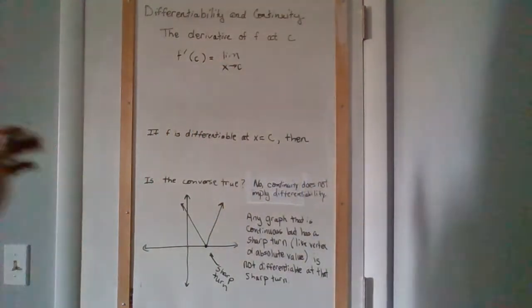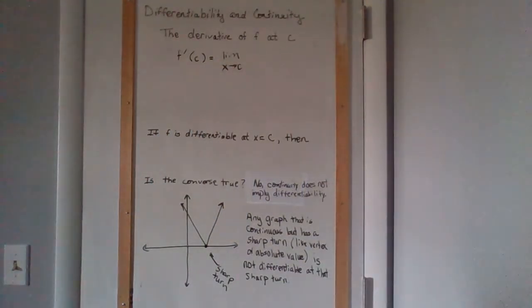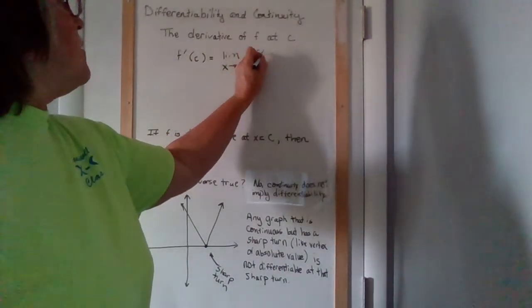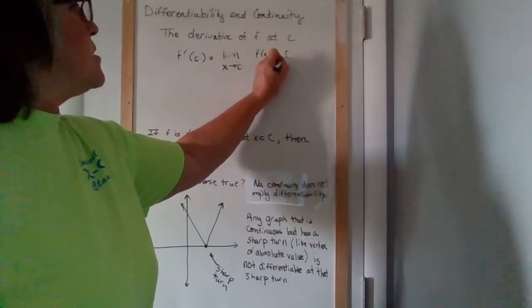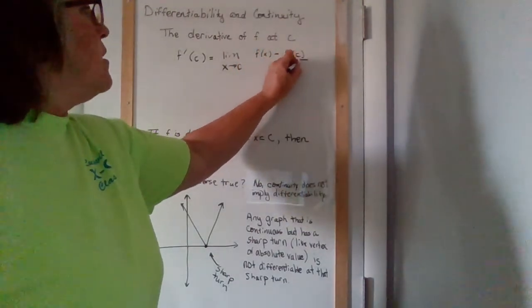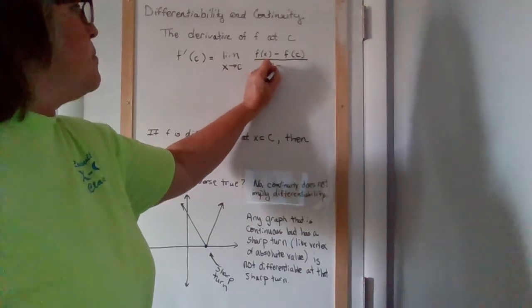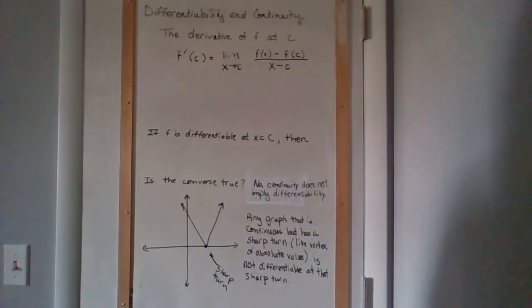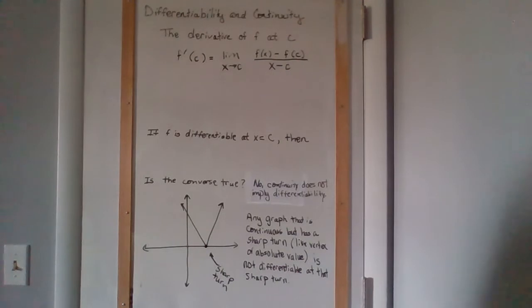So no longer in this definition are we using delta x and 0. It'll be the limit as x approaches c of f of x minus f of c over x minus c. And in our next video, we'll be using that definition when we just know an x value.